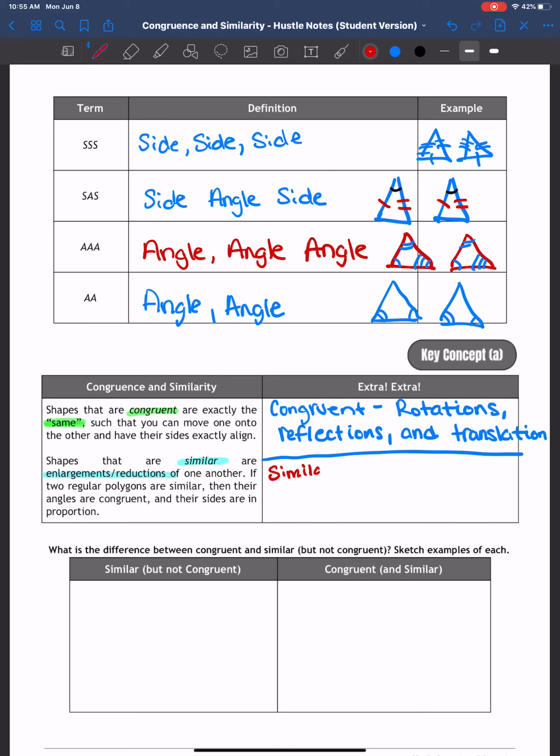Similar triangles are dilations, meaning they're made bigger or smaller.